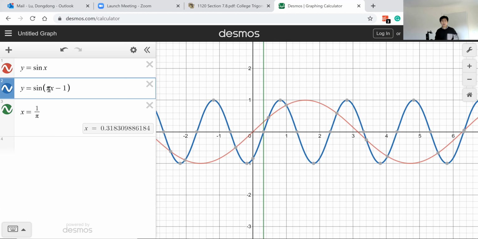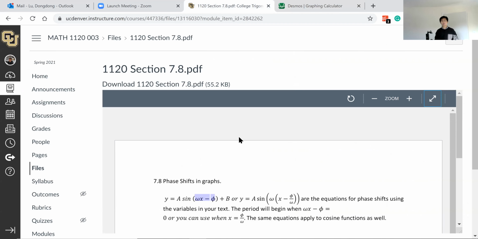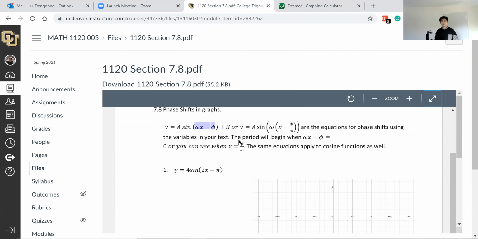And sine x starts from 0, so this part must also start from 0. And that's where x equal to 1 over pi is. This green line. Any question before we continue?